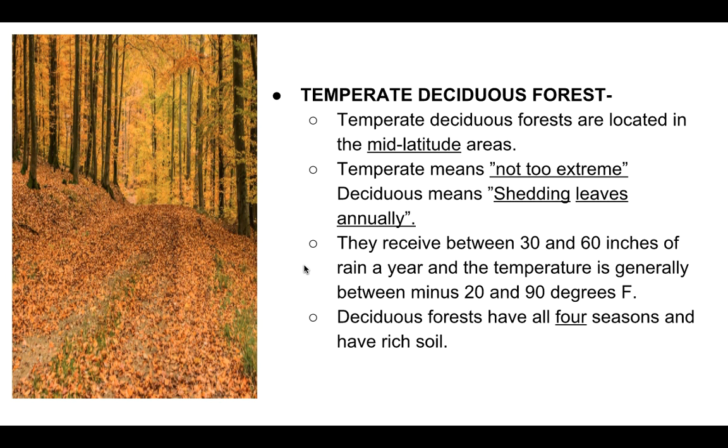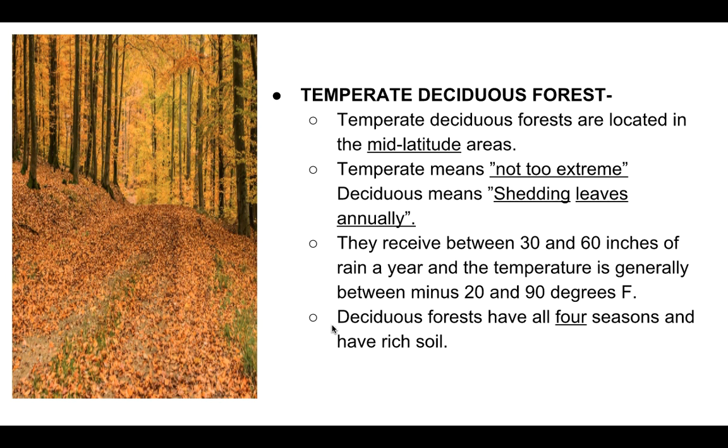So a temperate deciduous forest receives between 30 and 60 inches of rain a year, and the temperature is generally between minus 20 and 90 degrees Fahrenheit. So a much smaller amount of rain than the tropical rainforest, and a wider temperature range.